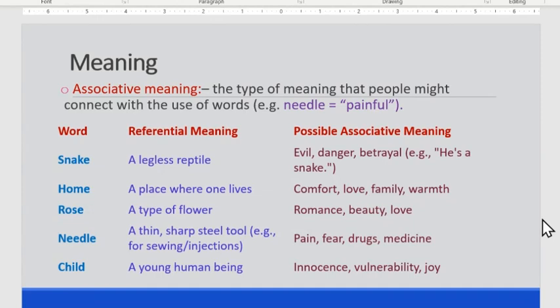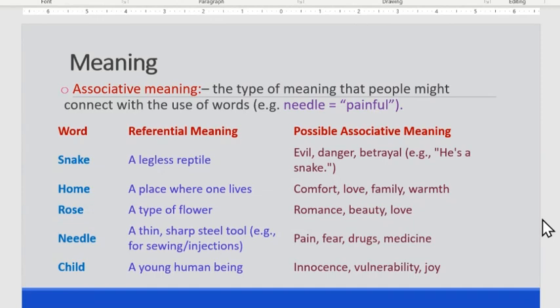When we talk about the possible associative meaning of the word snake, it can be evil, danger, betrayal. For example, he is a snake.